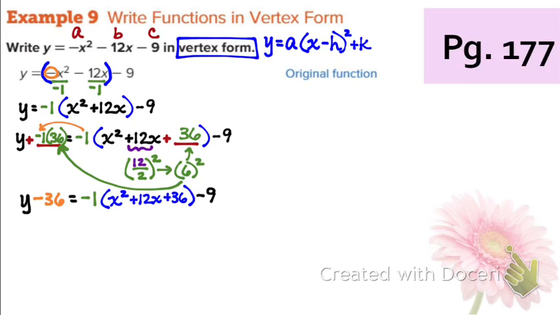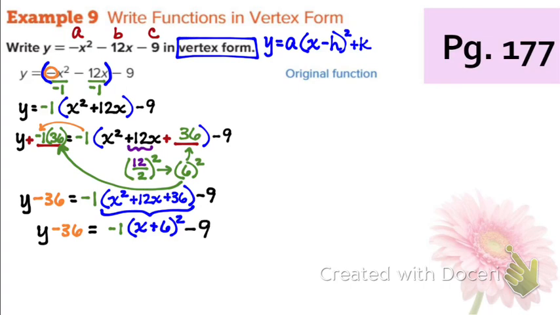X plus 6 squared, because it has to multiply to 36 and add to 12. 6 and 6, just like we did yesterday. The whole reason that we added the 36 there is so that it would factor to be half of my b value there. Out in front, I have a -1. Over here, I have y minus 36. And we still have this -9 back here.